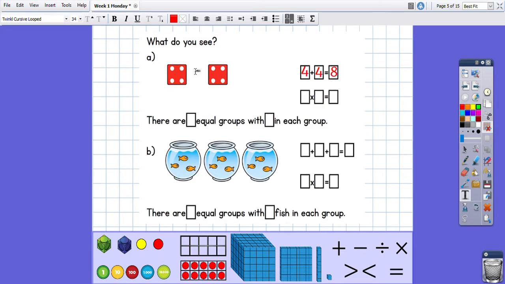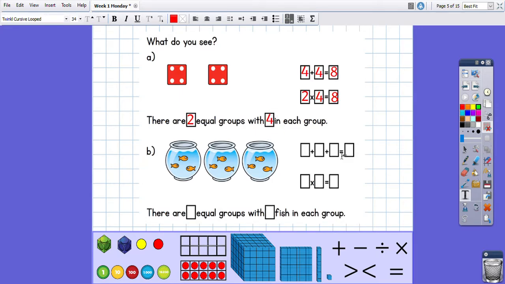But then I look at how many groups I've got. There are 2 groups of 4, which also gives us 8. So there are 2 equal groups with 4 in each group.